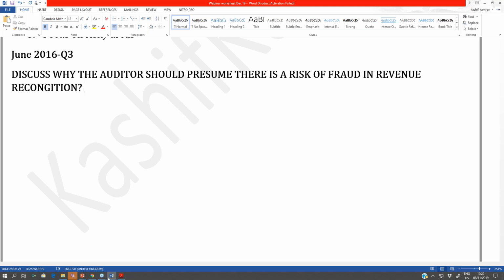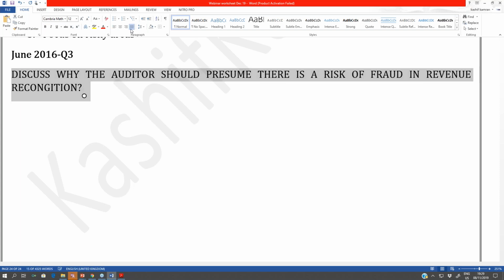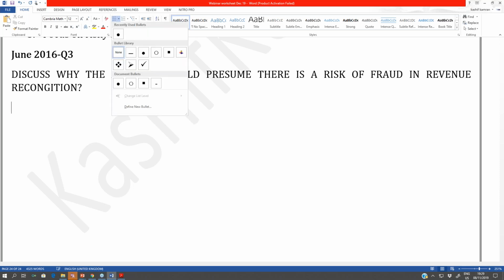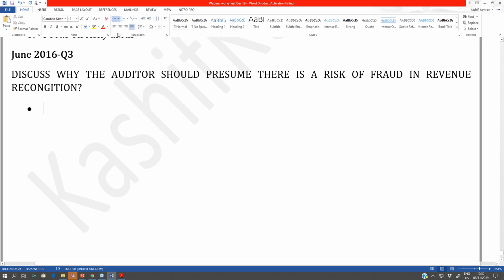Why? Why do you think there is a presumption that there is a fraud in revenue recognition? What should be the first why? Why the auditor should presume there is a risk of fraud in revenue recognition?